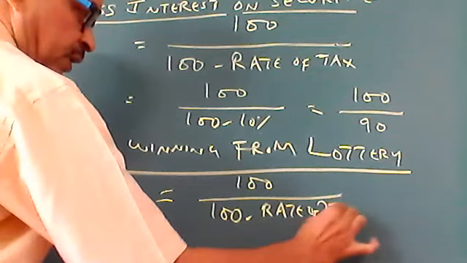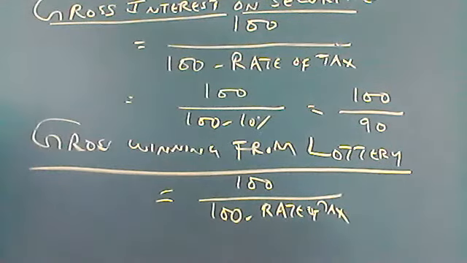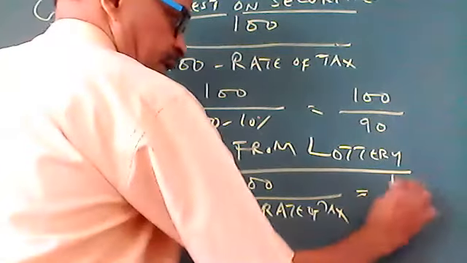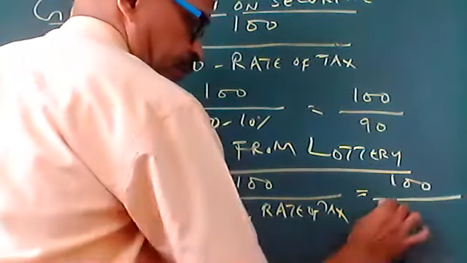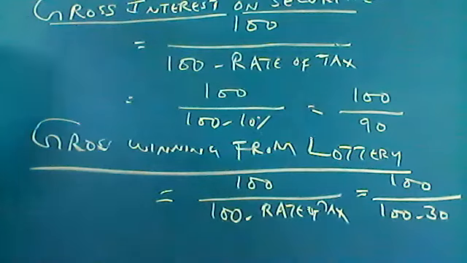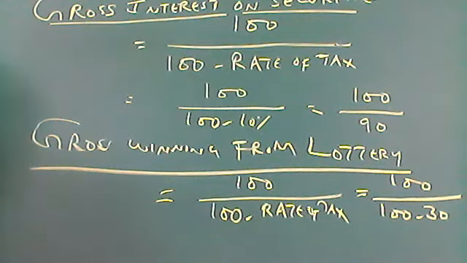As you know, winning from lottery comes under casual income. On all casual income you have to pay 30% rate of tax. TDS, tax deduction at source, is 30%. So that is equal to 100 divided by 100 minus 30, because it is 30% if it is winning from lottery or any casual income.